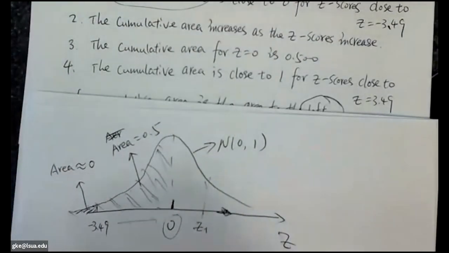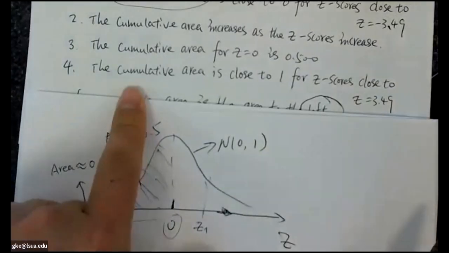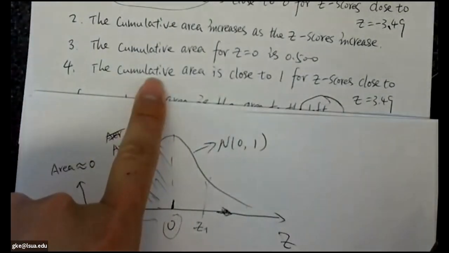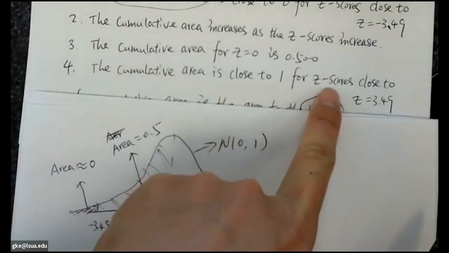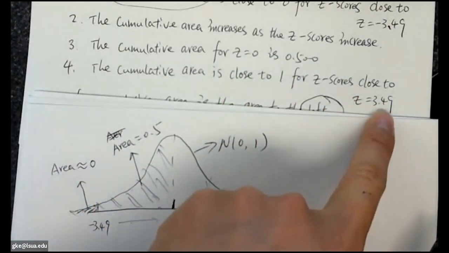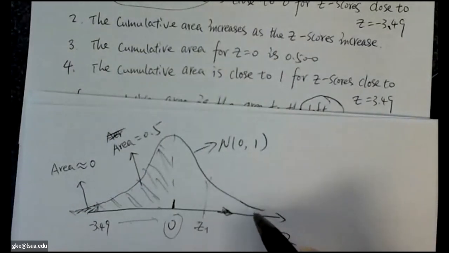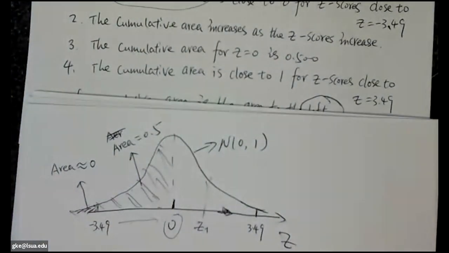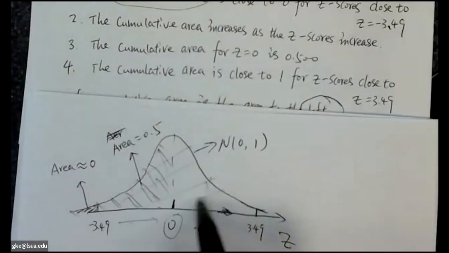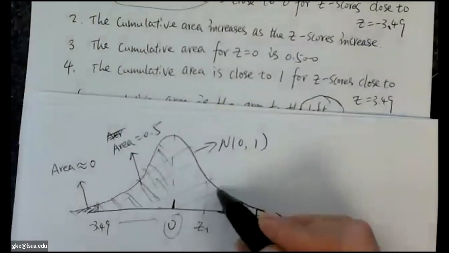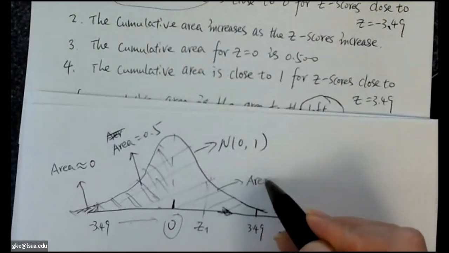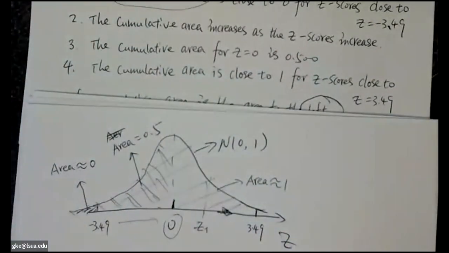Now, the first one. The cumulative area is close to 1 for z-scores close to 3.49. So we have another point here, and the area to the left is close to 1. Why is that?